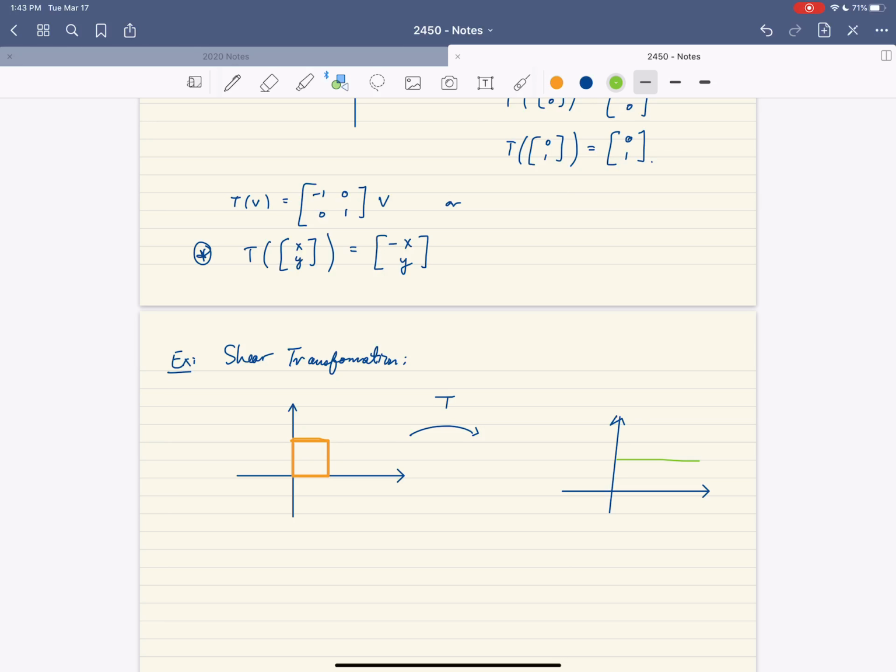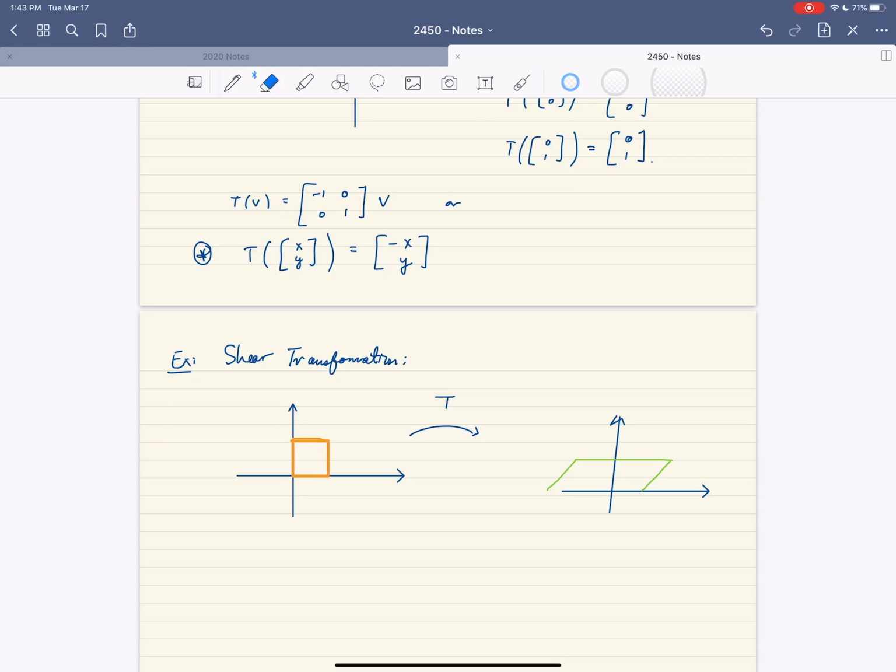It'll actually stretch it a little bit this way too, but you're going to end up with what's called a shear transformation. Depending on how much you stretch it, it's going to take the object and send it to look like something like that.